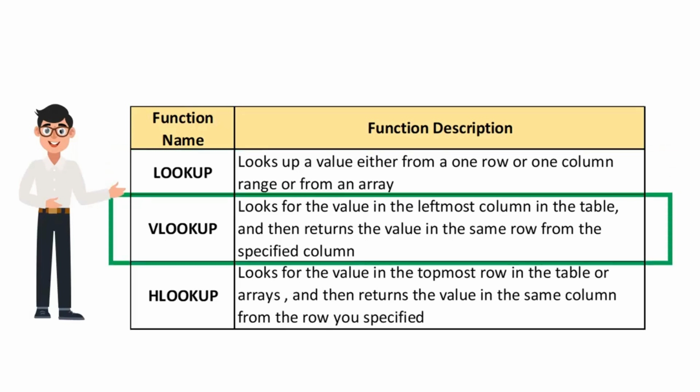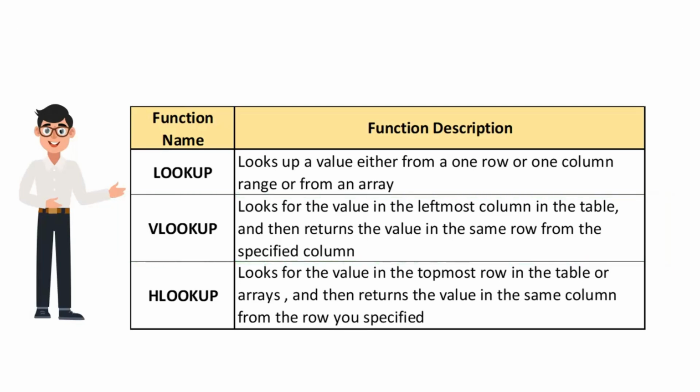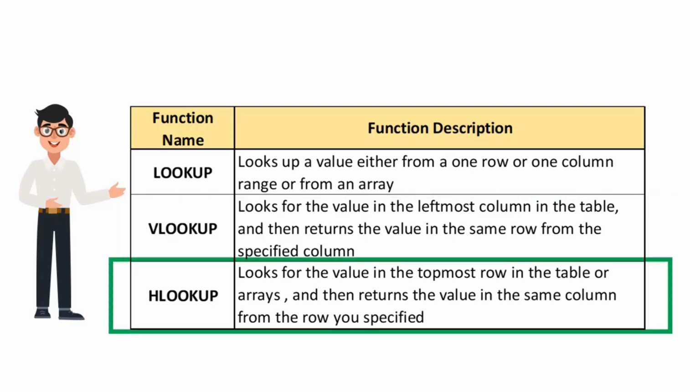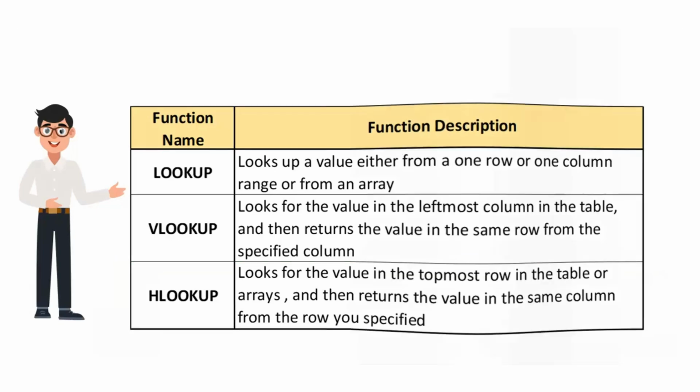It looks for the value in the leftmost column in the table and then returns the value in the same row from the specified column. Next is HLOOKUP. It looks for the value in the topmost row in the table or array and then returns the value in the same column from the row specified.